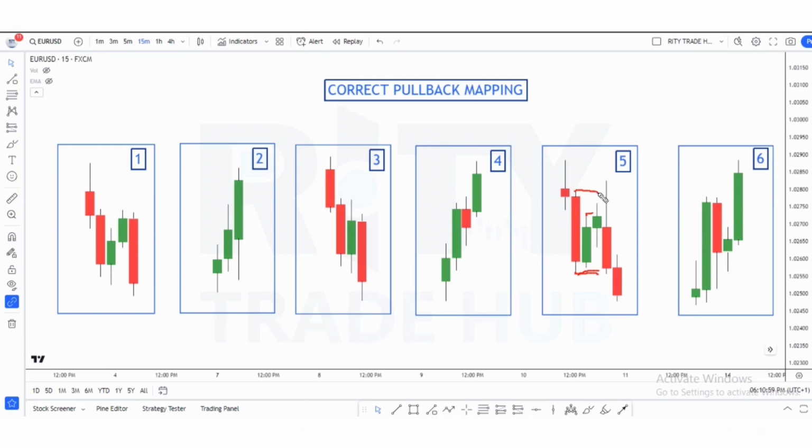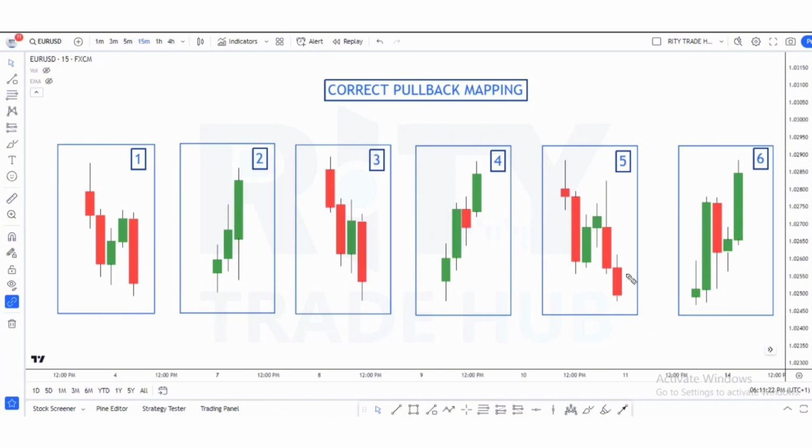All right, that will validate it as a pullback. But instead, if it takes out this other candle, this is not a valid pullback. If this price just moves like this, then it is not a valid pullback. Okay, we're expecting price to take out the high of the previous candle. All right, so right here, if this price moves like this, okay, then we're expecting price to take out this, and it will be good to go.